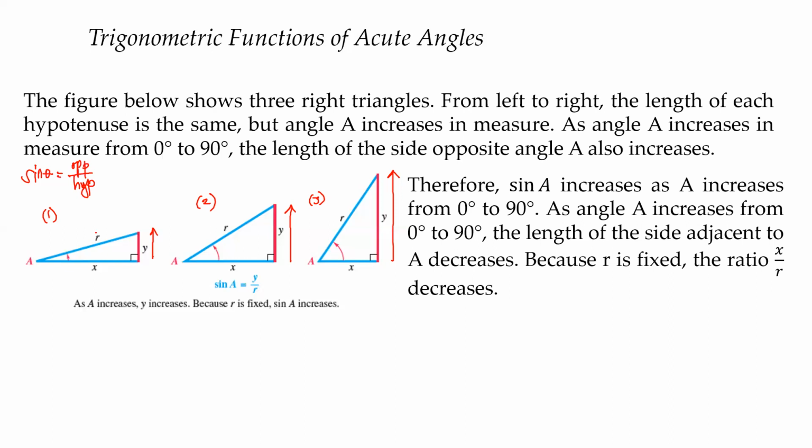So pareha ng, let us say, 1/2 is 0.5, 2/2 is 1, 3/2 is 1.5, 4/2 that is 2. So take note, steady ra imong denominator but gakadako ang imong numerator. Hence nagkadako pod ang imong value. So that is why from 0 to 90 degrees, your sine of your angle increases.